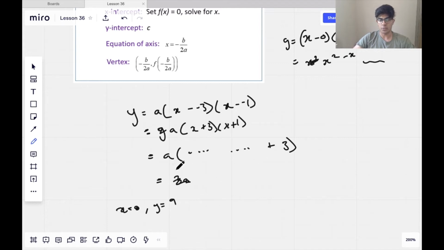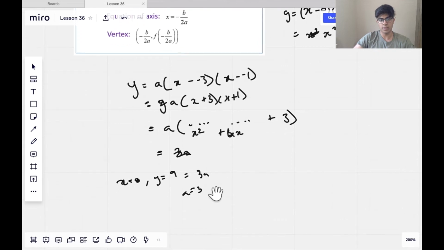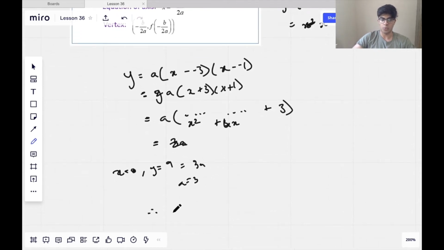And if we multiply this out, it becomes x squared plus 4x plus 3, right? And then we do x equals 0, then y in this case is 3a. So 9 is equal to 3a, and a is equal to 3. And therefore the quadratic is what? 3 into (x + 3)(x + 1).